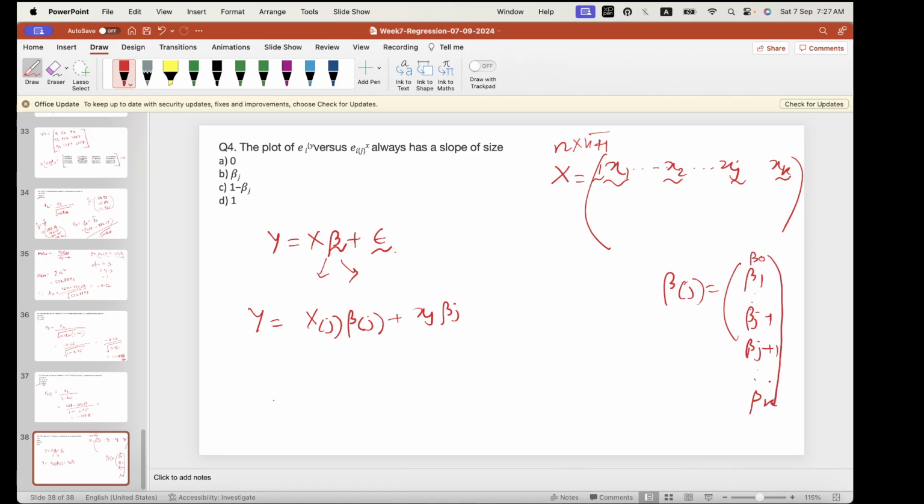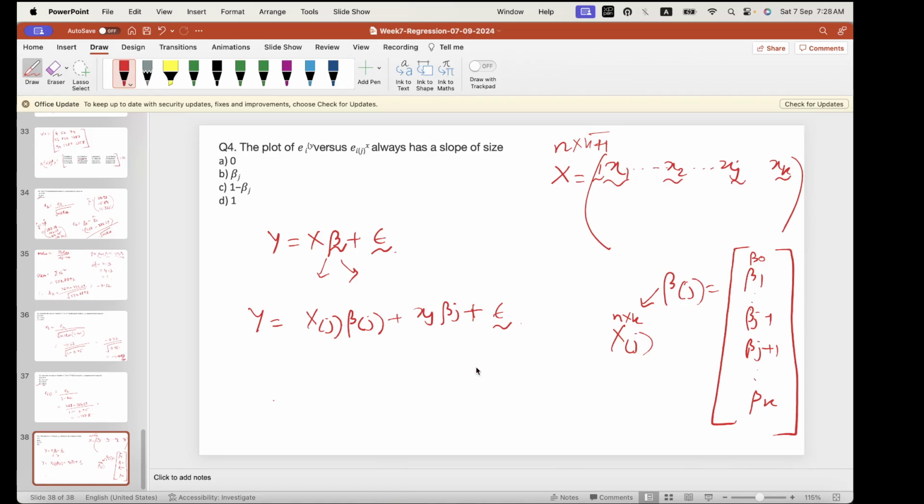So this is my beta, excluding the beta j variable, and X_j is the corresponding X matrix where the jth column is not there. So this one is n cross k, plus epsilon.